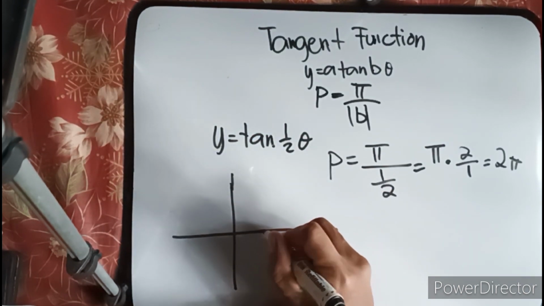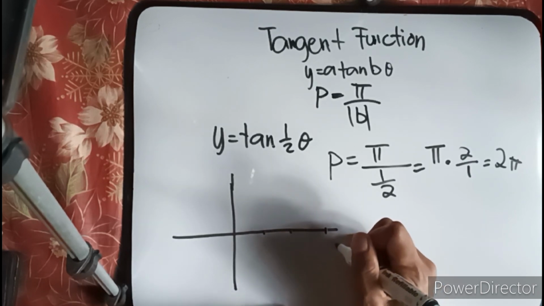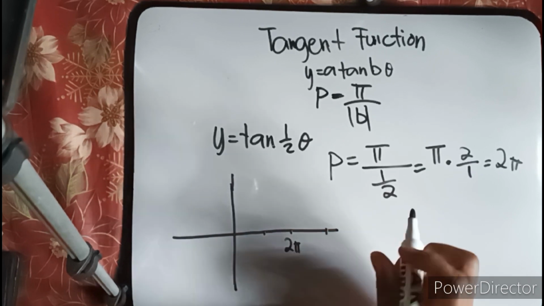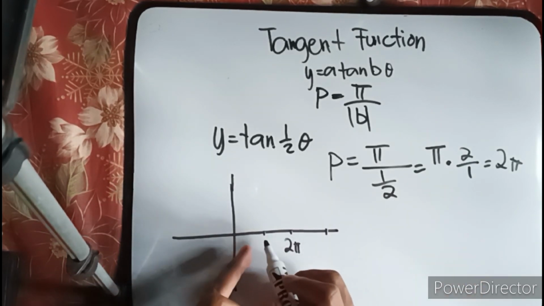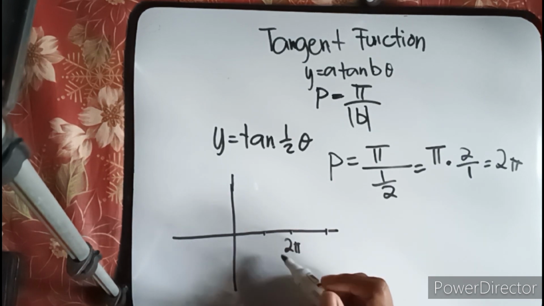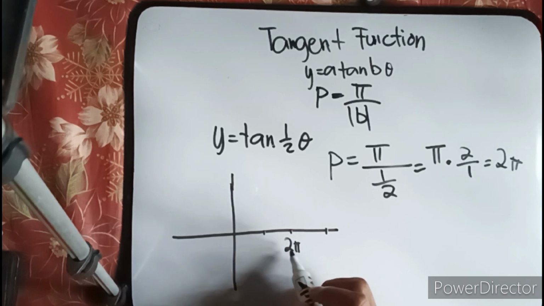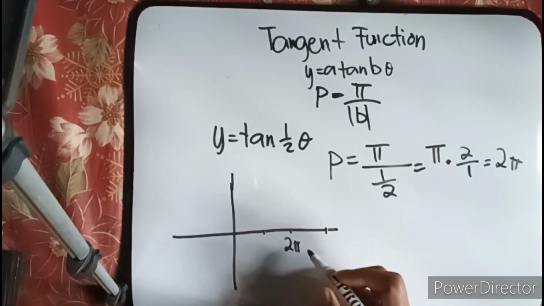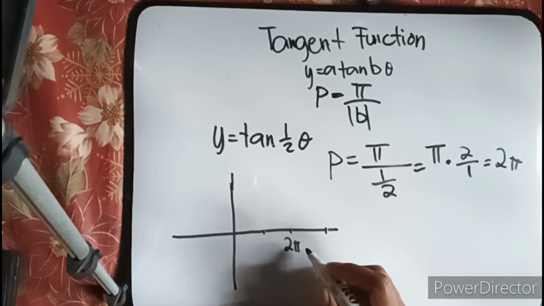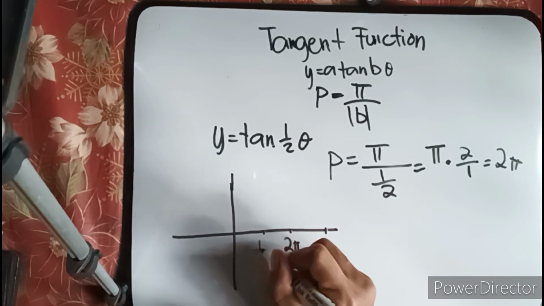Let's say this will be our period, 2 pi. To find the missing points, we need to divide our period by 2, so half of 2 pi is pi.